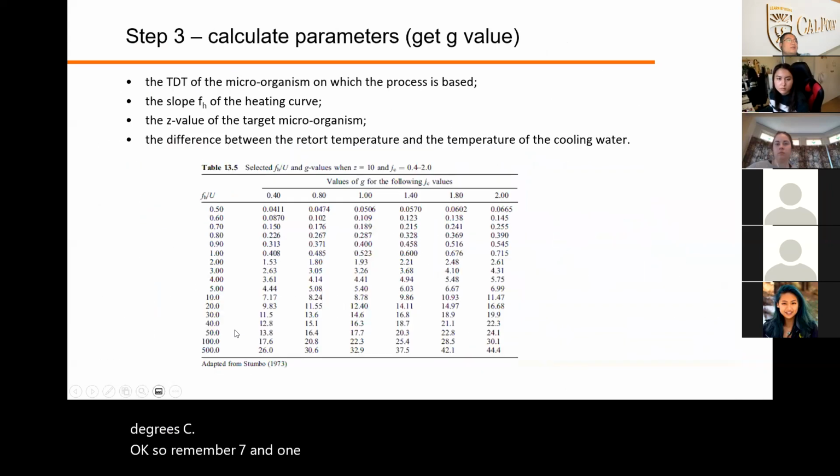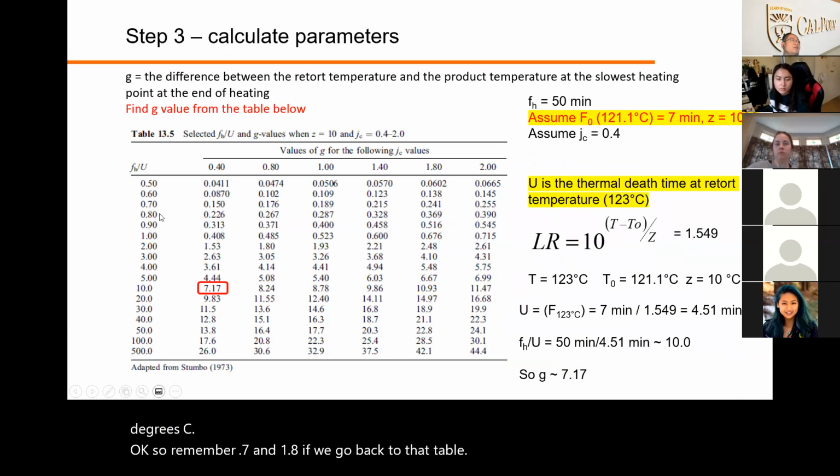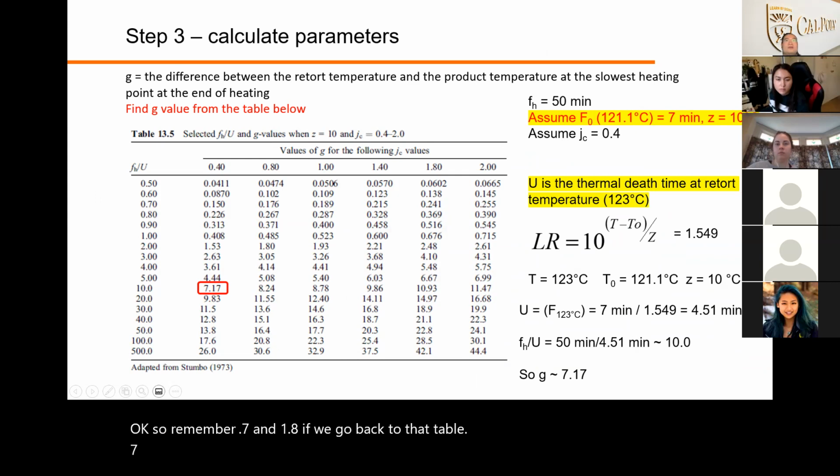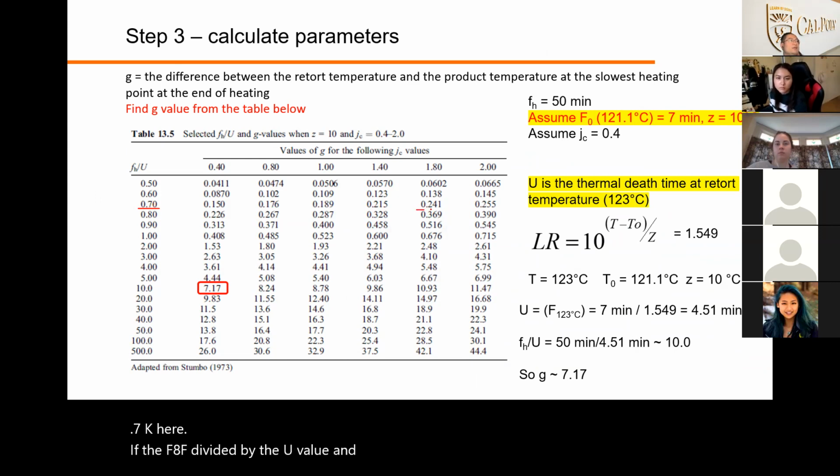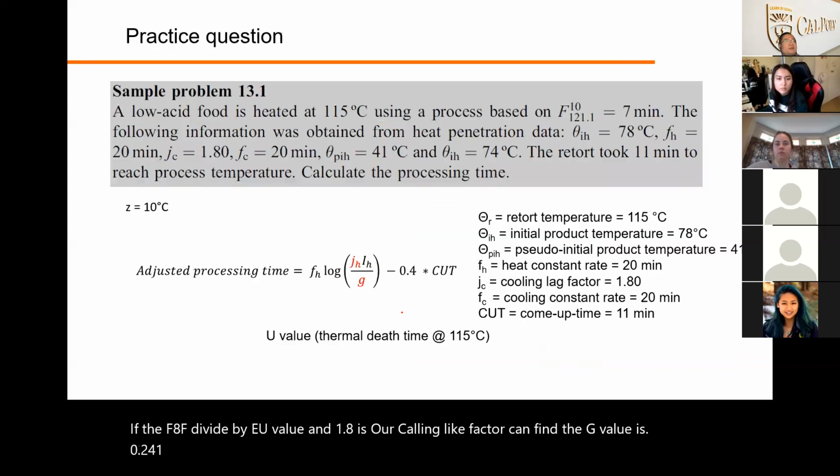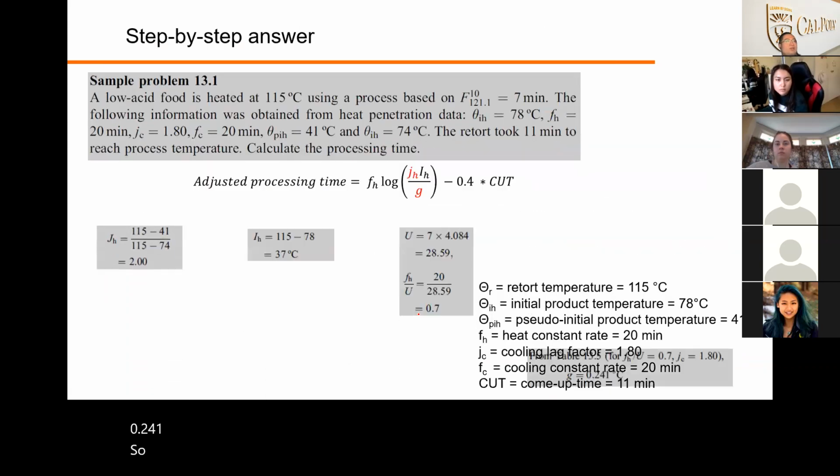If we go back to that table, 0.7, okay, here. It's the F divided by the U value. And the 1.8 is our cooling lag factor. We can find that the G value is 0.241, okay?